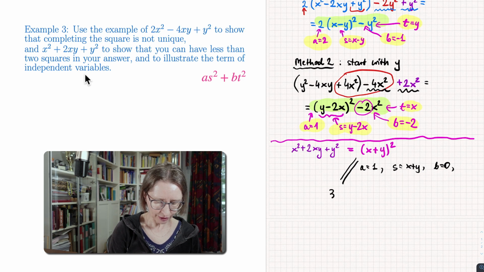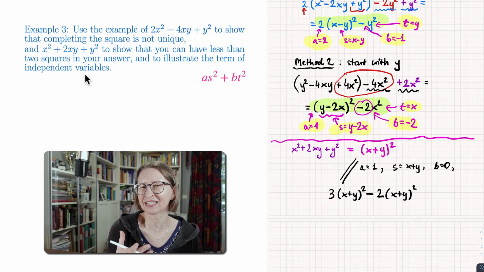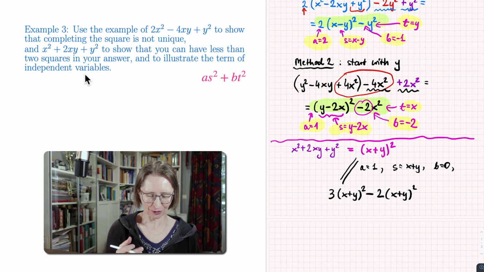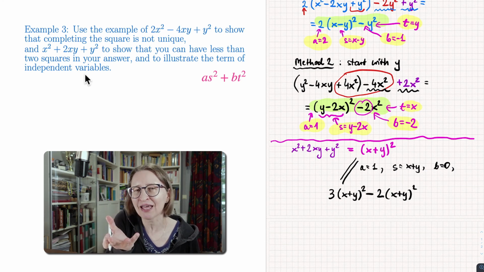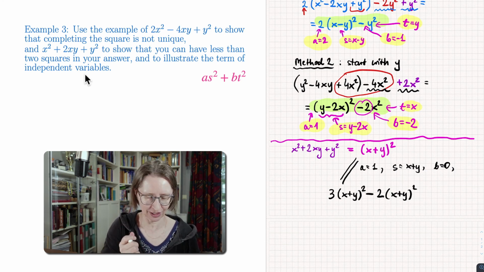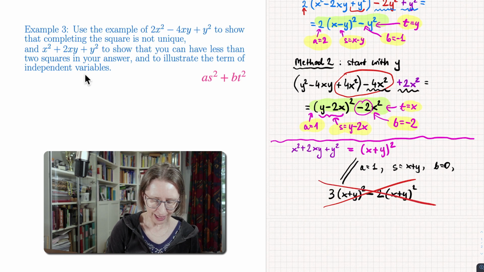I could write that it is 3 times x plus y squared minus twice x plus y squared. It is true, it is the same expression, because 3 times something minus twice the same thing is just 1 times this thing, right? So this is a true equality, but it is not good as a completed square.